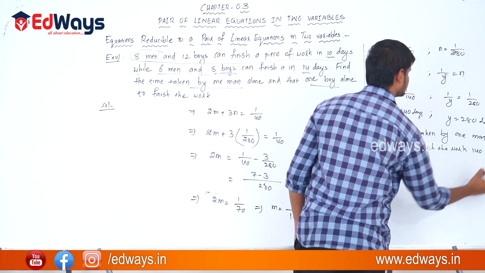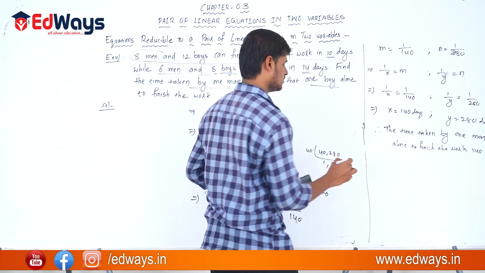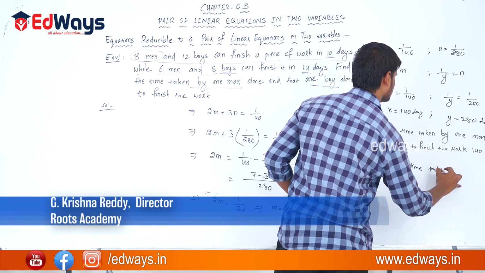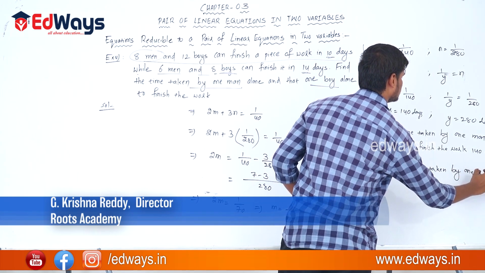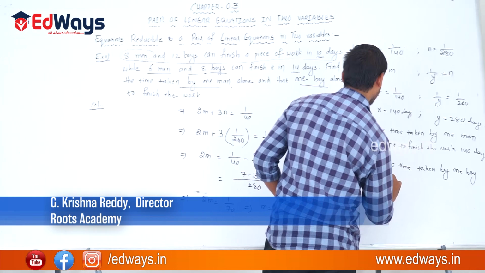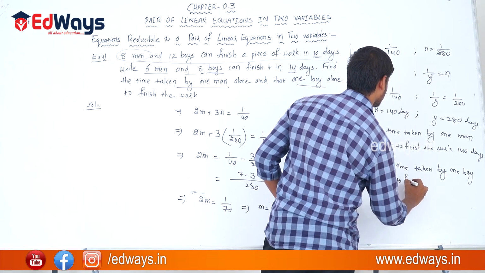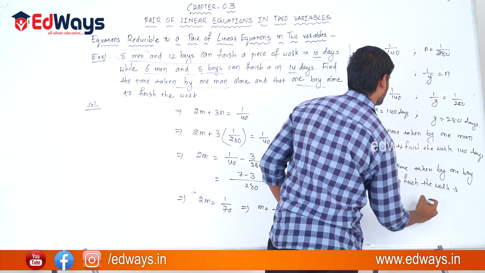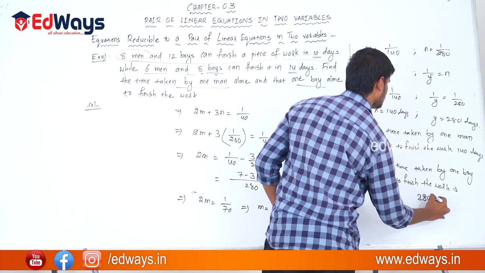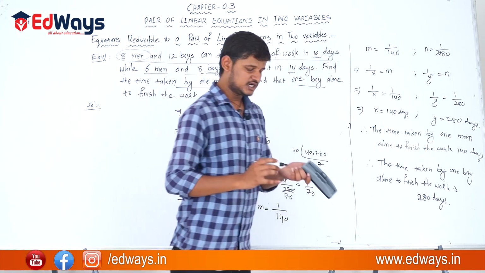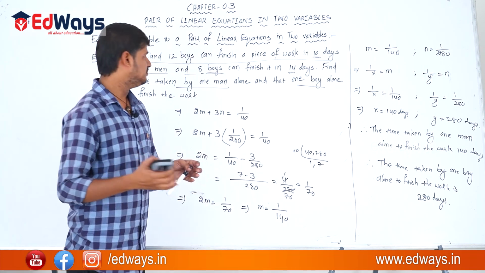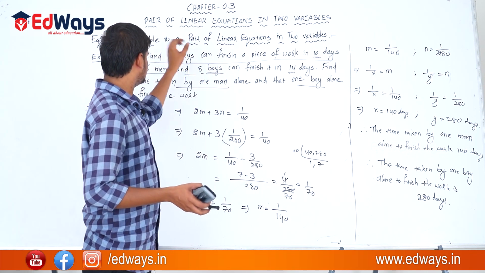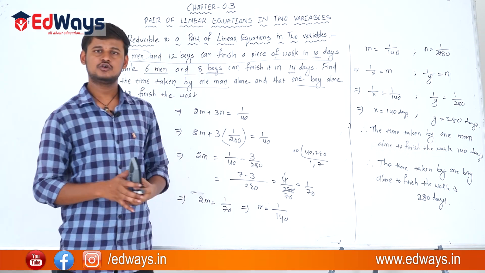That means it takes 140 days for one man to finish the whole work, and the time taken by one boy alone to finish the work is how many days? 280 days. So for the boy it takes 280 days. So understood? It is as simple as that. First form the equations and solve them, we know the process, right? Equations reducible to a pair of linear equations in two variables.